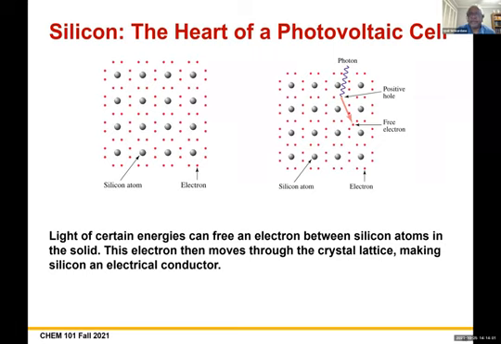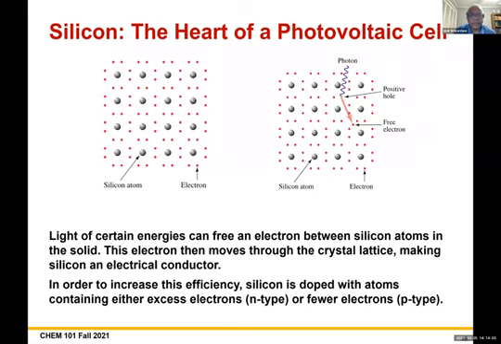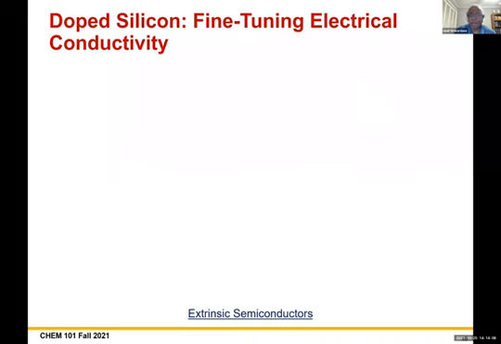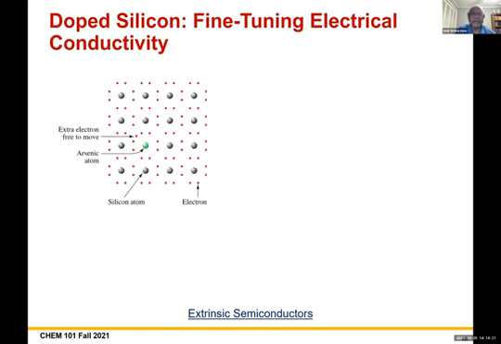To increase the conductivity of electrons, we dope silicon with certain other atoms. There are two ways of doping, to fine-tune and increase electric conductivity. So silicon is doped with elements in the next group to the right, arsenic, nitrogen, phosphorus group.